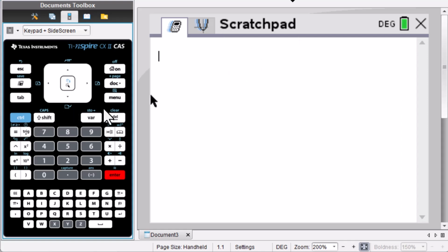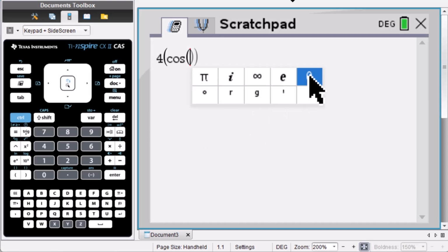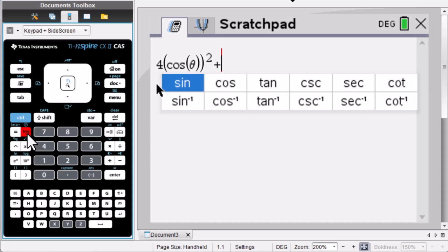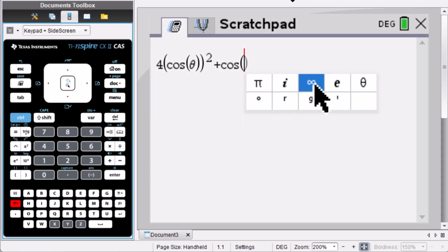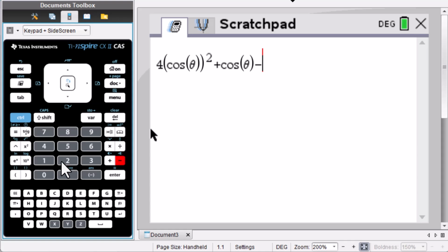We put in the equation: 4 times (cosine theta) squared plus cosine theta minus 2 equals 0.